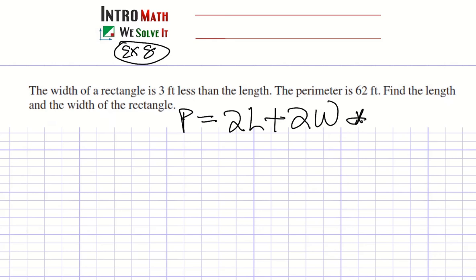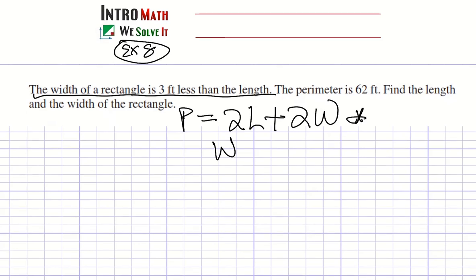The width of a rectangle is 3 feet less than the length. That's your clue right there. So this is the width and this is the length. We don't need to declare anything because we have variables already. It says the width is 3 feet less than the length.